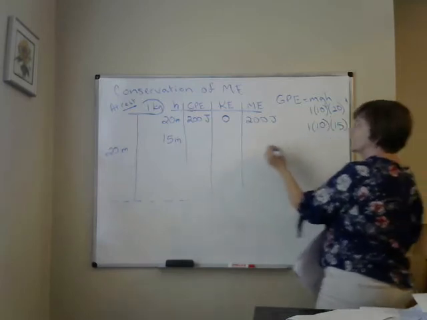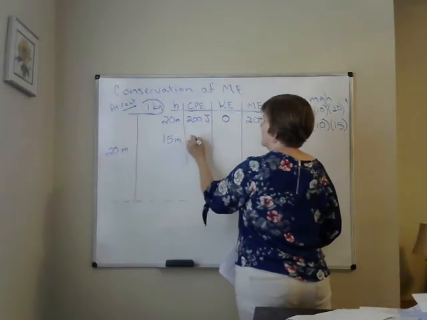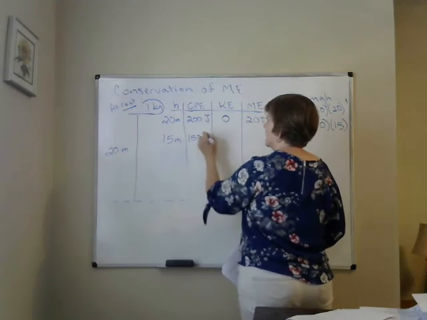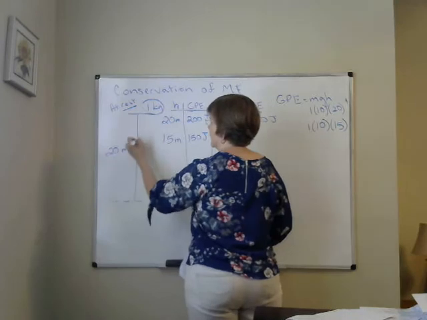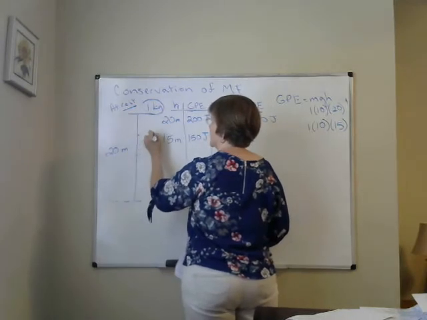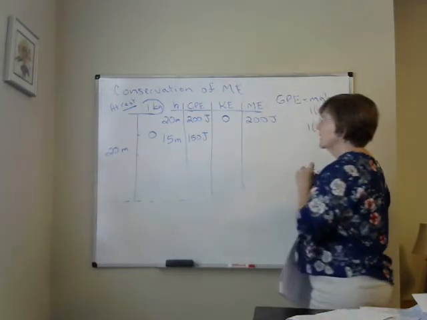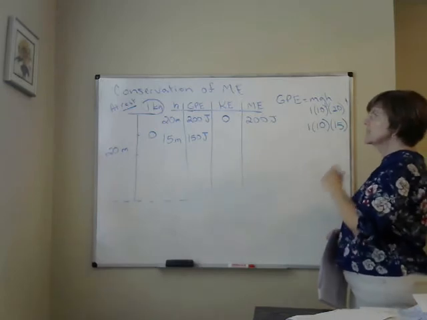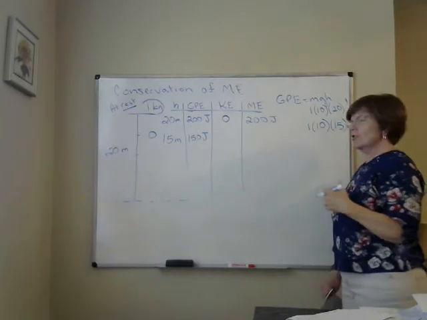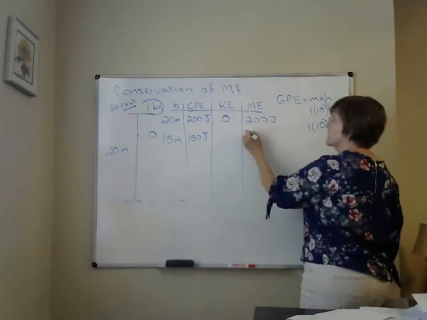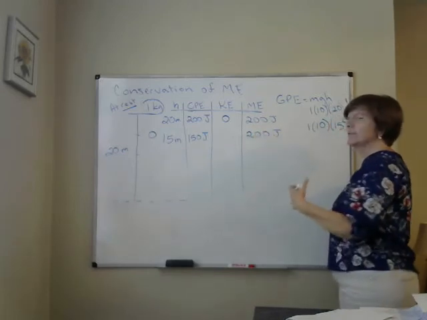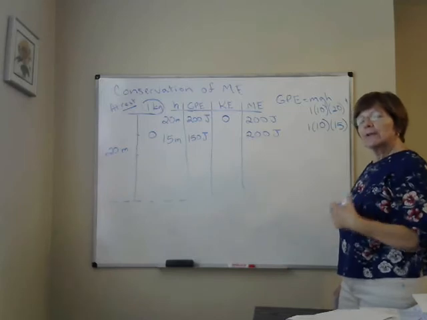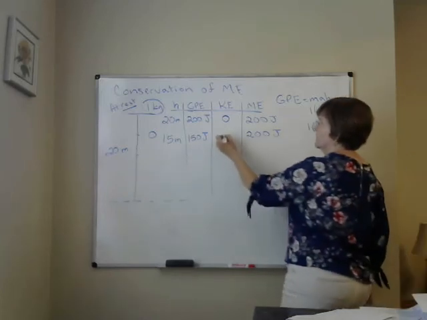I see that I have 150 joules of gravitational potential energy when it's fallen to 15. I know that the total mechanical energy cannot change. This still has to be 200 joules. So where is the other 50 joules? Well, the other 50 joules is kinetic now.